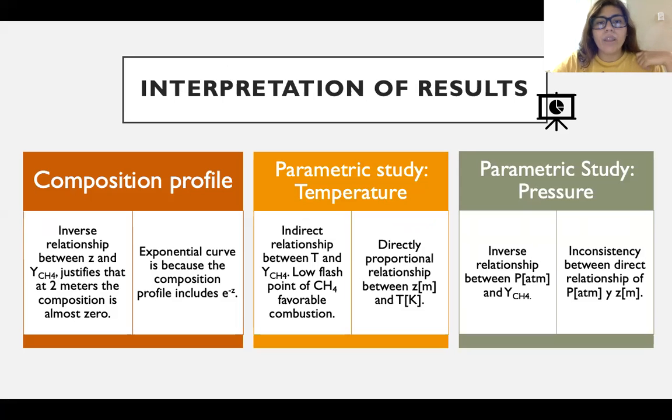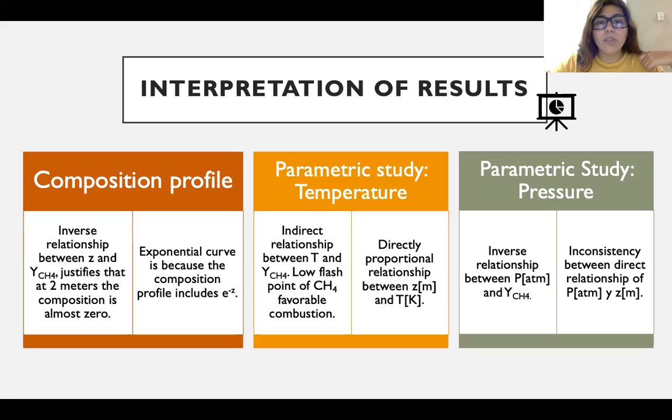Now, the composition profile presented an inverse relationship between the variables. So as the height increased, the composition tends to 0, since when it was evaluated at 2 meters, the composition was almost 0. In the first parametric study, the temperature increased while the composition decreased.